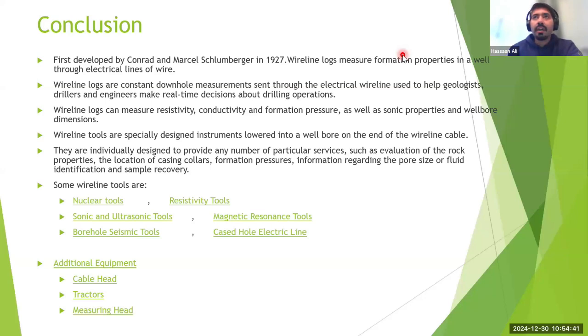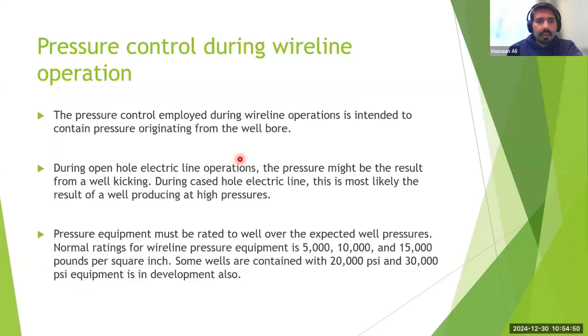When I was talking about the pressure control during the wireline operations, let me just go back to that slide. This stems from all the lessons that we have learned from different disasters and environmental issues that the industry had in previous years.